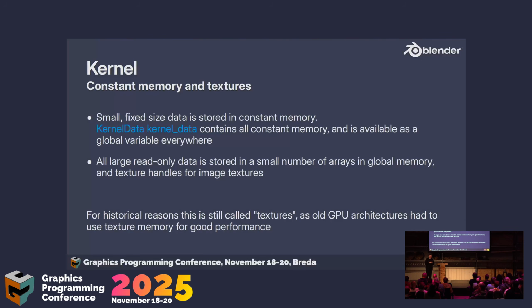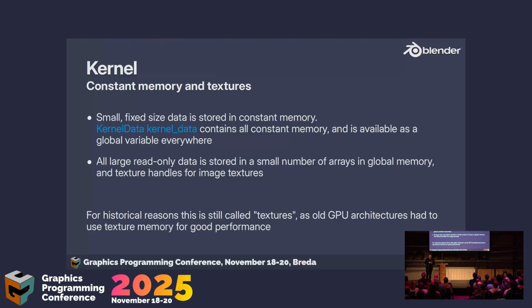When it comes to how data is accessed from the kernels, the small constant data is stored in constant memory, in what we call kernel data. It's basically a global variable which is accessible from everywhere, and that's where things like integrator settings or the film settings are stored.